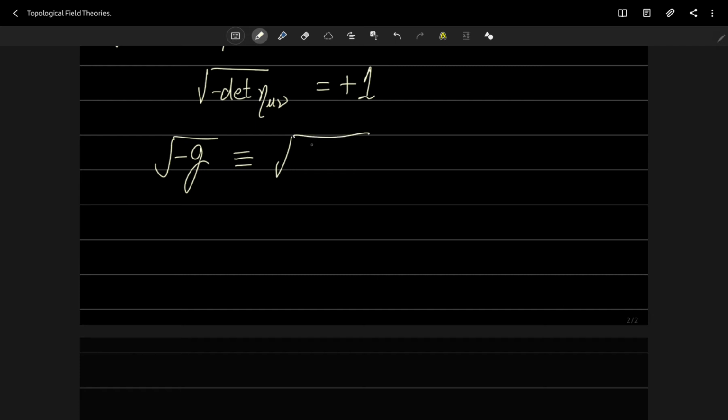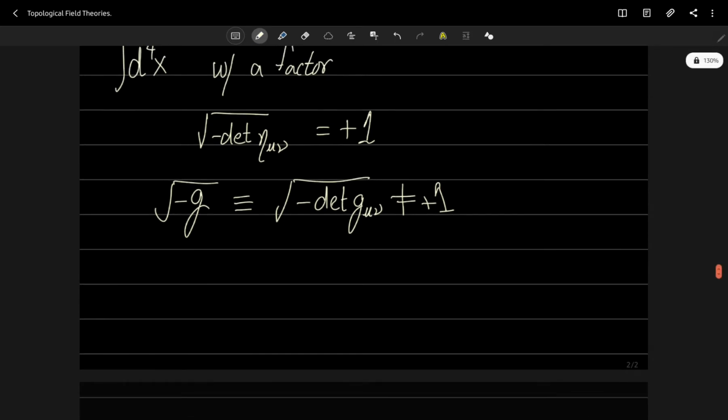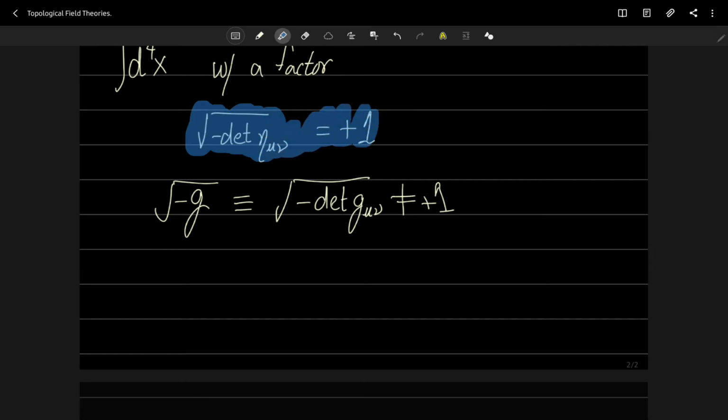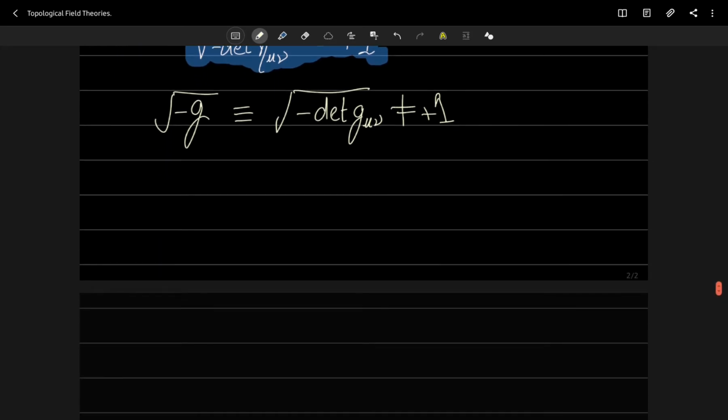If you compute the square root of negative determinant of the tensor g mu nu, that is not generally equal to positive 1, right? But in this case, it happens to be that this thing is true, it's positive 1. And this is important to remember if we go into curved space, or we use curvilinear coordinates on this 4-dimensional manifold, right?